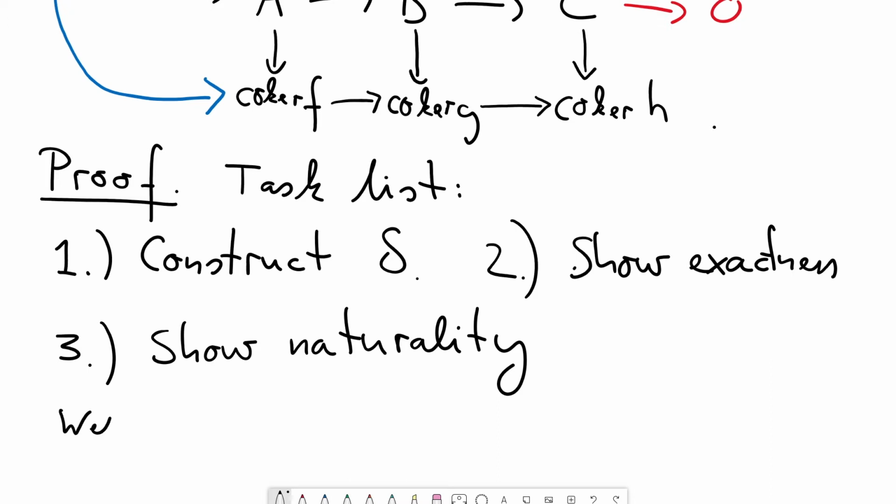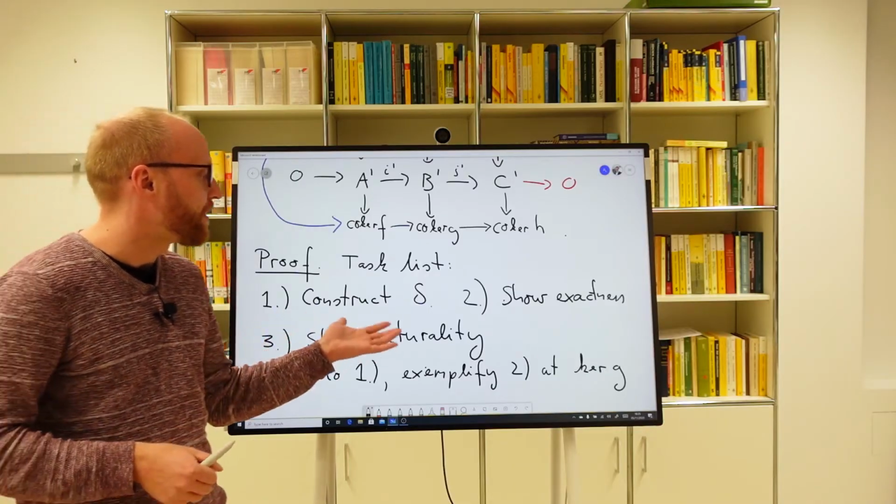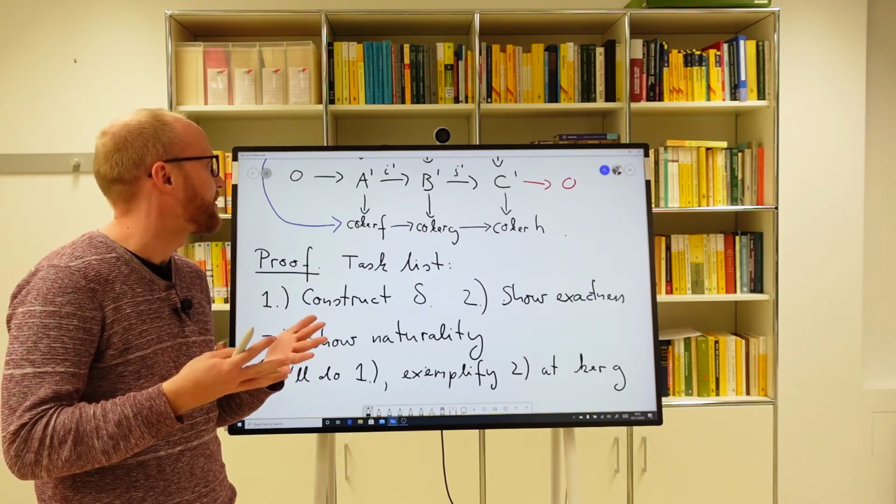We'll do 1. And the exactness, this we will only exemplify at one particular part of the sequence. So exemplify 2 at, say, the kernel of G. Because in any case, all the arguments that are used for this part of the diagram more or less repeat for the rest of this exact sequence.